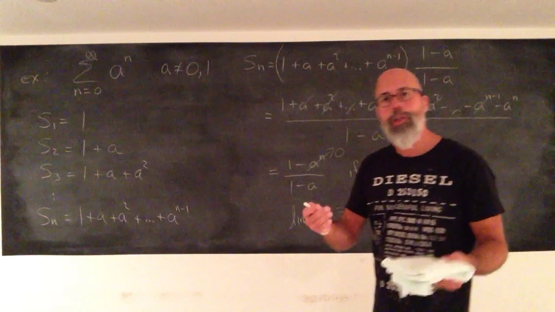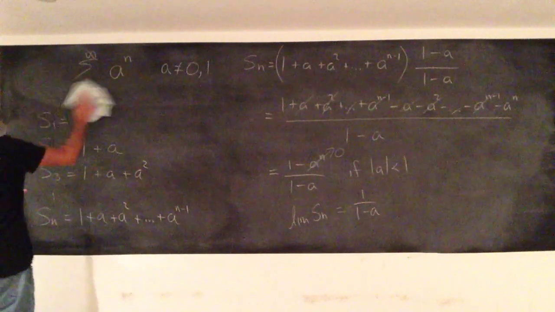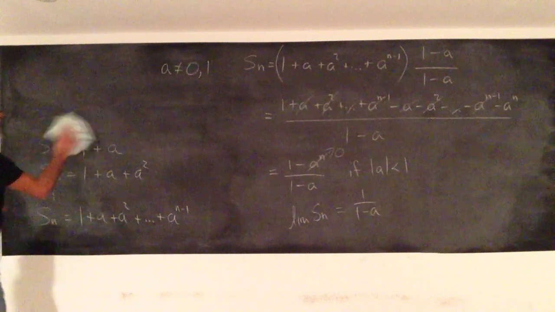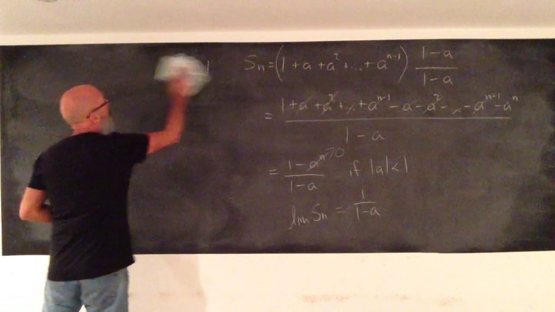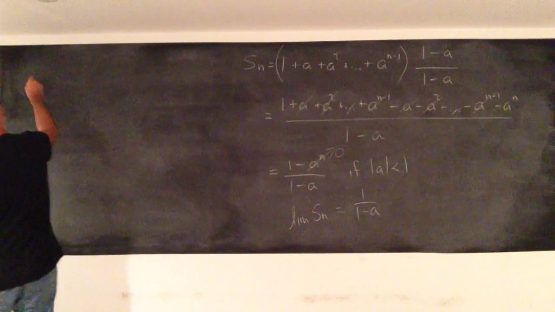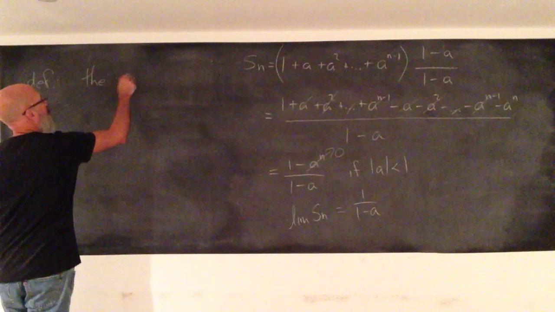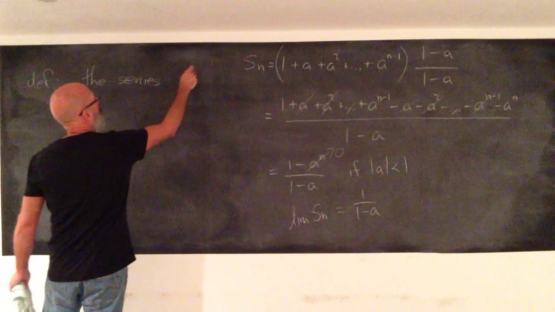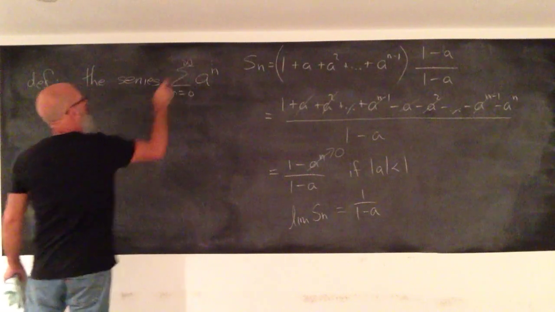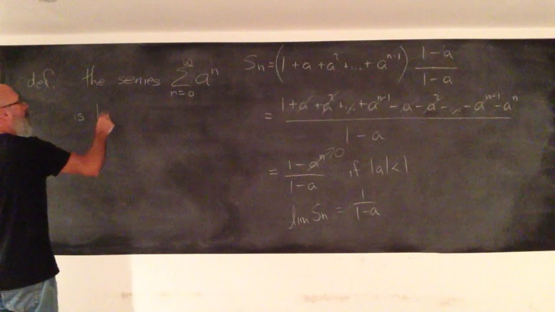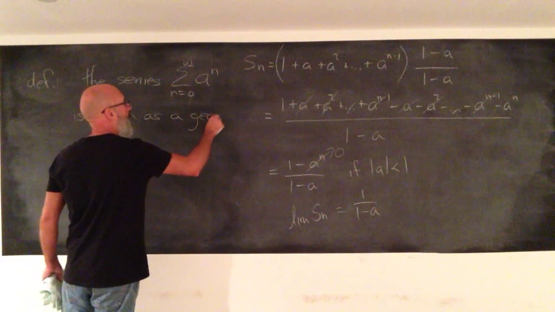This is such an important series that we give it a name. Definition. The series of A to the n is known as a geometric series.